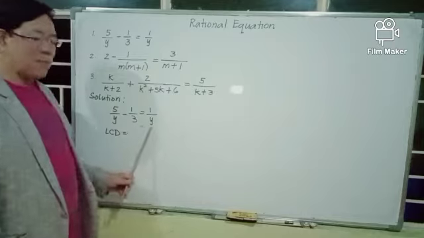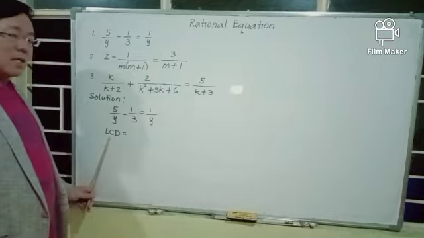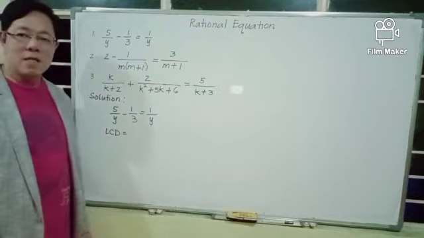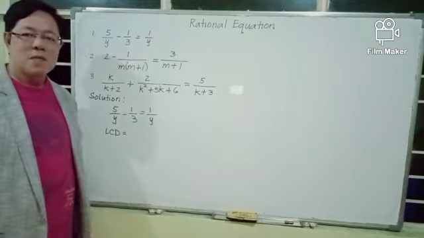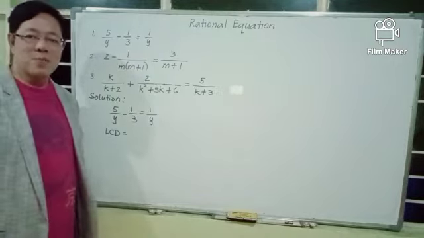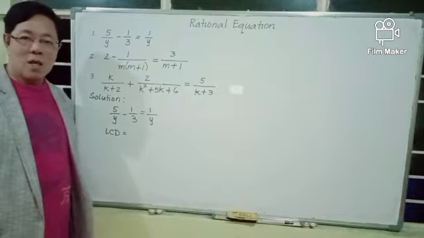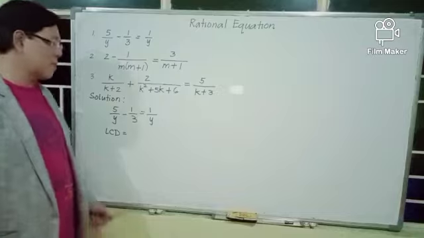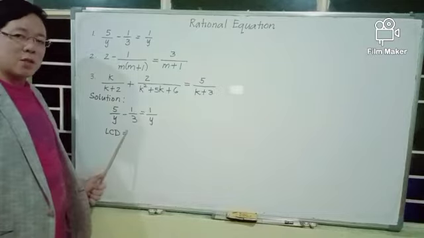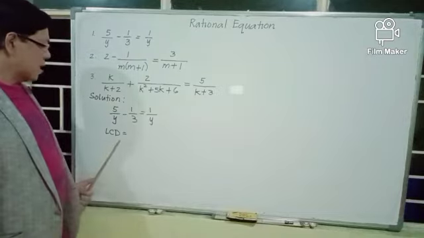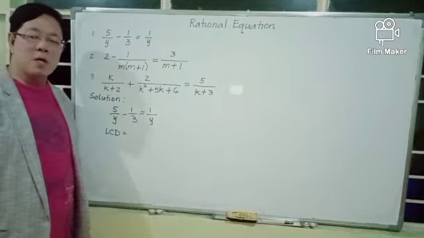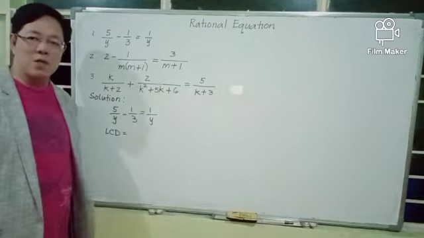To remove the denominators, we find the LCD or lowest common denominator, also known as the least common denominator. It is the smallest, the simplest expression or quantity that can be divided by all the denominators. To find the LCD of these denominators, we start with the constants and numerical coefficients.